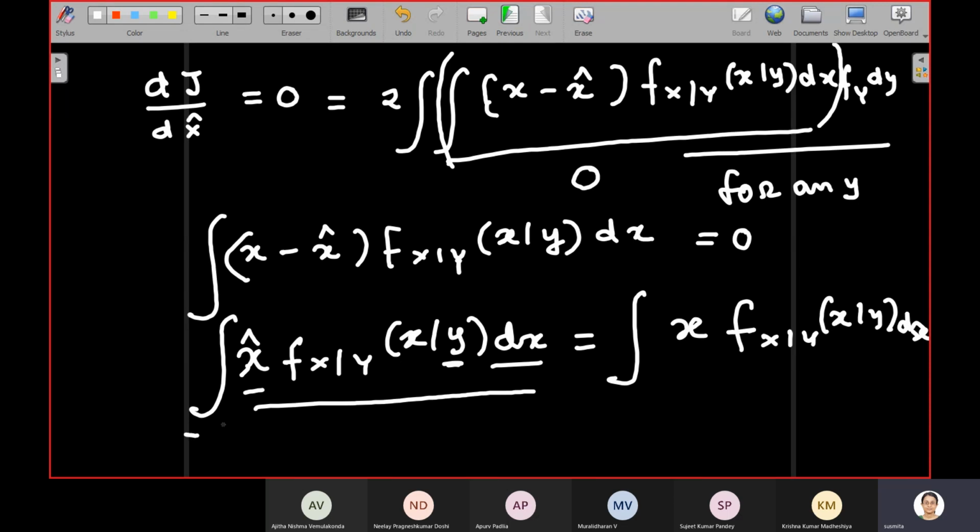And you are doing the integration from minus infinity to plus infinity, of course. Tell me what the left side is equal to. Nobody can answer this question?